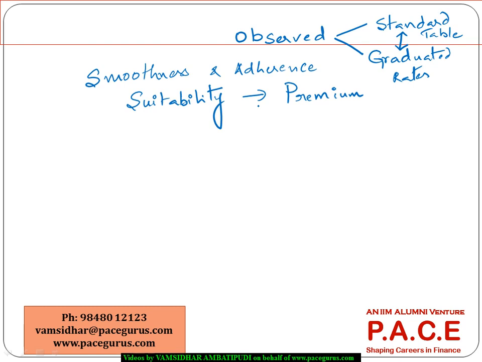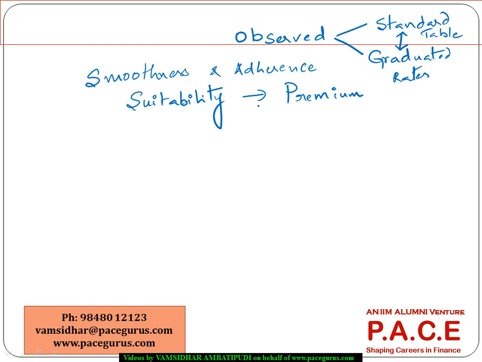Otherwise, people at some age levels may not even take the insurance policies. So apart from the trade-off between smoothness and adhering to reality, I would also be looking at the suitability for a particular purpose.